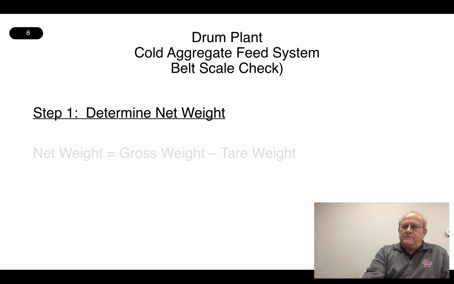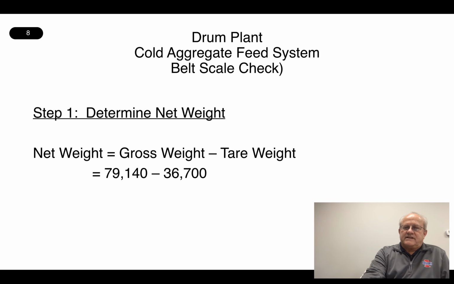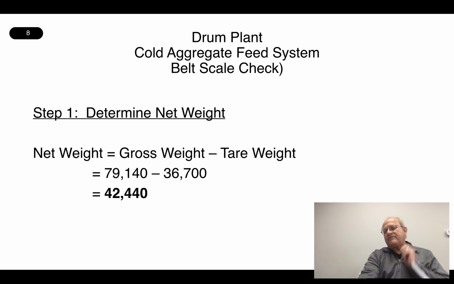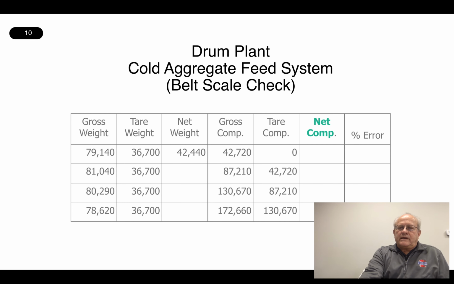So the net weight would be the amount that the truck weighed full minus the tare weight, or the empty weight. And there it is, 79,140 minus 36,700, 42,440 pounds.